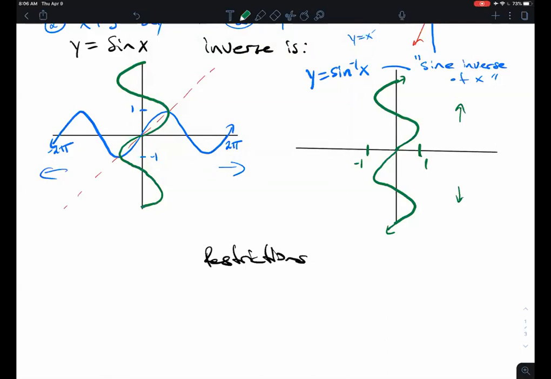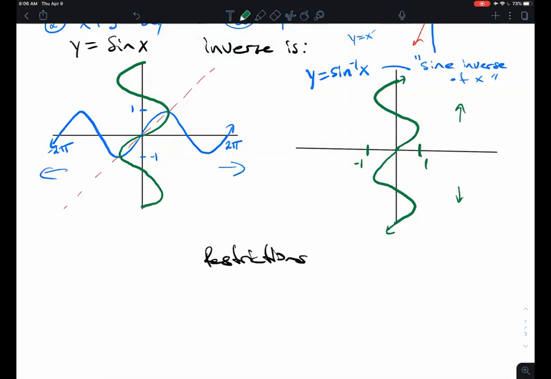Now, the whole piece of this, the big deal, is this green graph that I have, is it a function? No. Maria, I see you shaking your head. Great, good. I see some shakes and people saying no. Good. It's not a function.